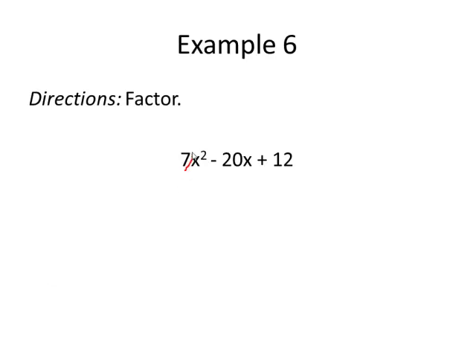Okay, so I'm going to take 7, I'm going to multiply it by 12, and I'm going to get 84. I want to find two numbers that multiply together to get 84 that add together to get 20.